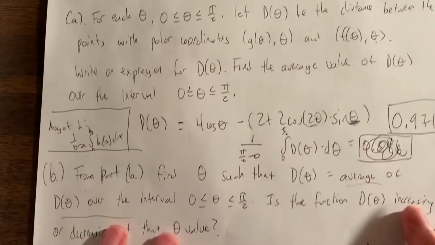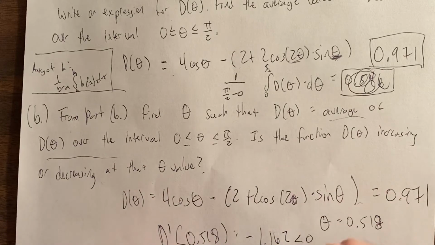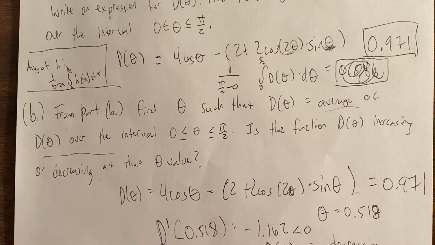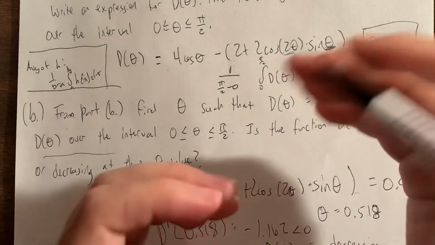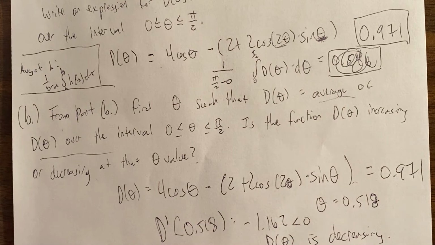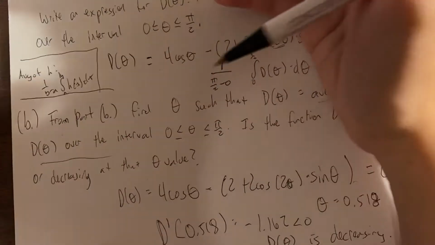Difficulty number 8. We did not use x is equal to r cosine theta. We did not use y is equal to r sine theta. We did not use dx d theta, dy d theta, dr d theta, or even dx dt, dy dt, or dr dt using the chain rule, or dy dx. Those are the things we're normally used to. In this case, we were used to doing distance between two polar curves. We've done that in the past, but we had to apply average to it.